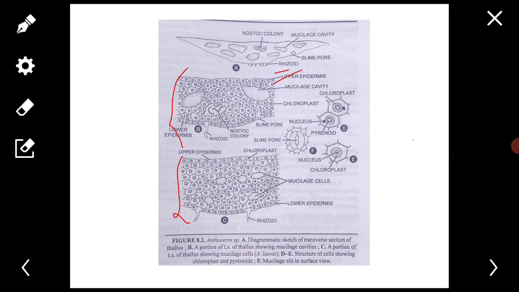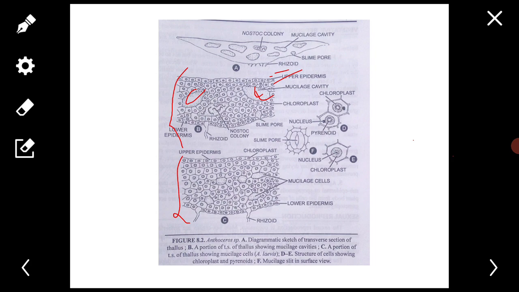The thallus is characterized by having large intercellular schizogenous cavities filled with mucilage. These cavities run parallel to the long axis and are known as mucilage cavities.